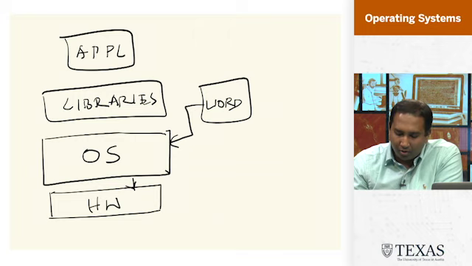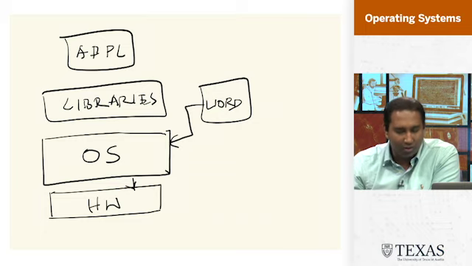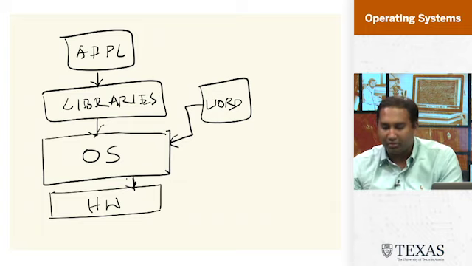A lot of the functions that programs call upon, for example when you want to write to a file or call printf, are actually calling a library. Then the library in turn is calling the OS, and that mediates with the hardware on behalf of all the users and all the applications.